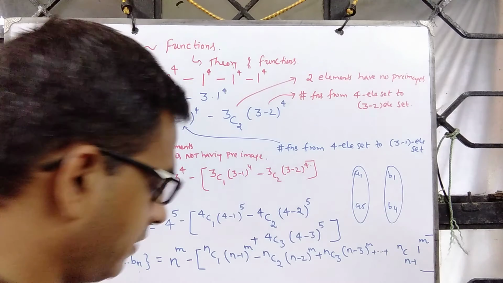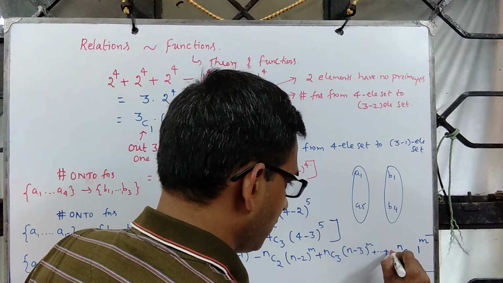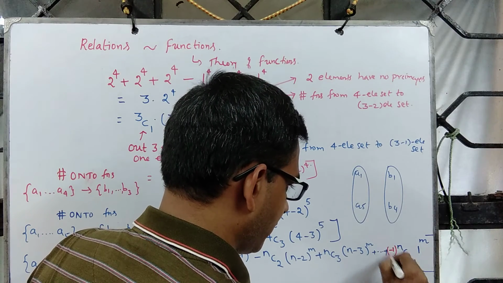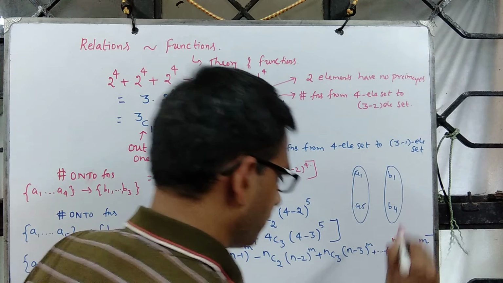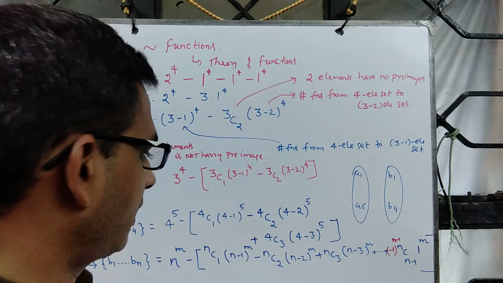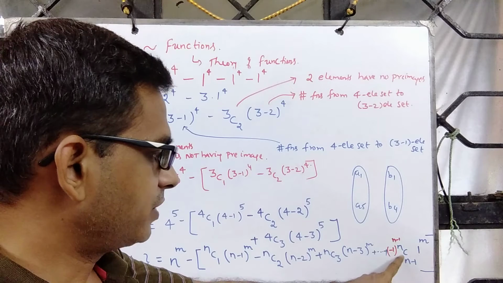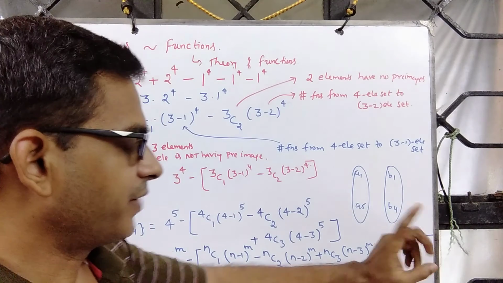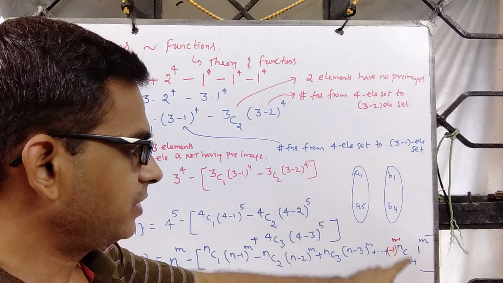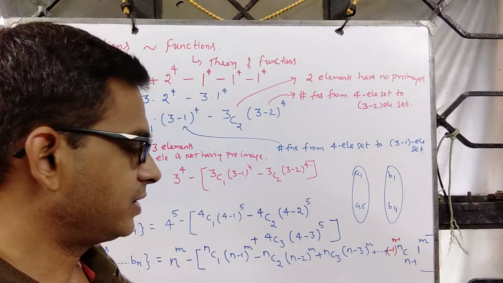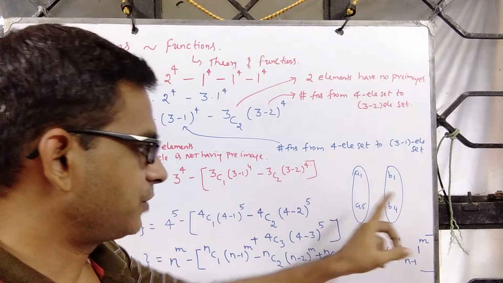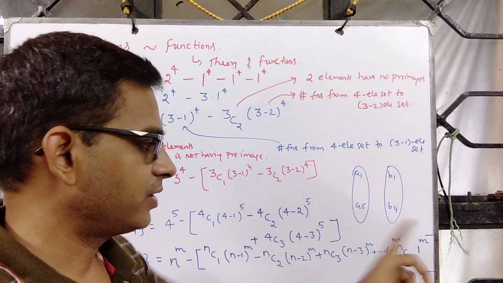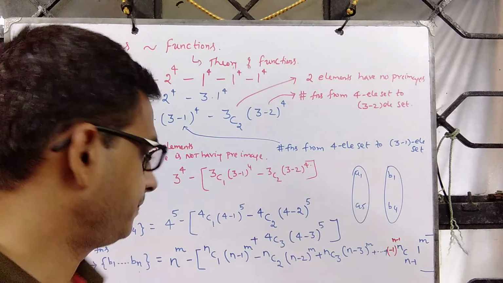So like that we alternate. So how long do we go? We go up to minus 1 to the power n minus 1 times n choose n minus 1 times 1 power m. N minus 1 elements are not having pre-images, and all of this is mapped to exactly one element, so you have just one function.